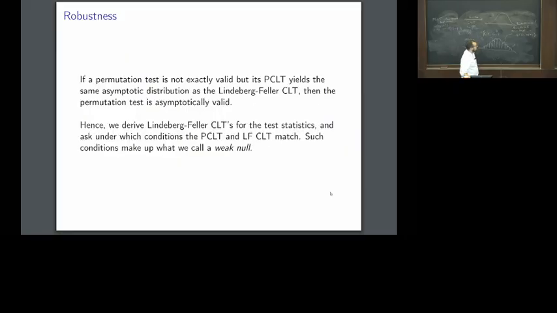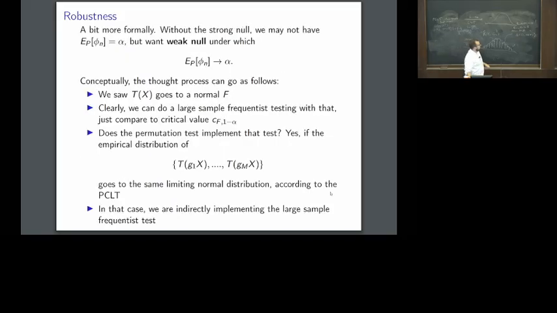In some sense, what is this robustness that we're talking about? If a permutation test is not exactly valid, but its PCLT yields the same distribution as the Lindeberg-Feller CLT, then what happens?